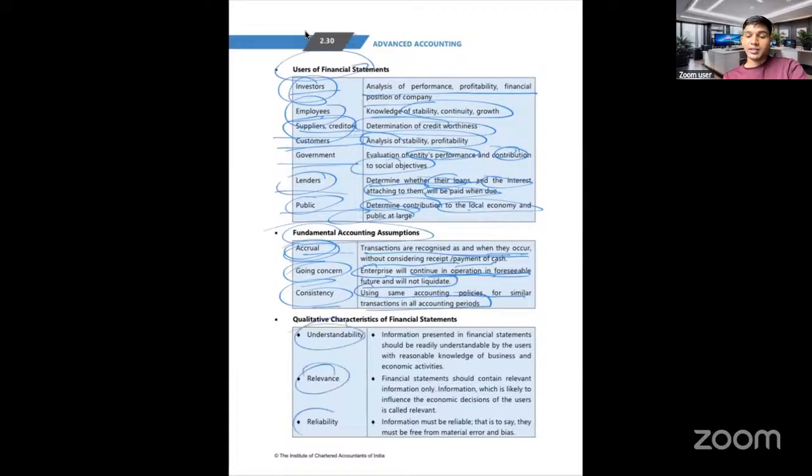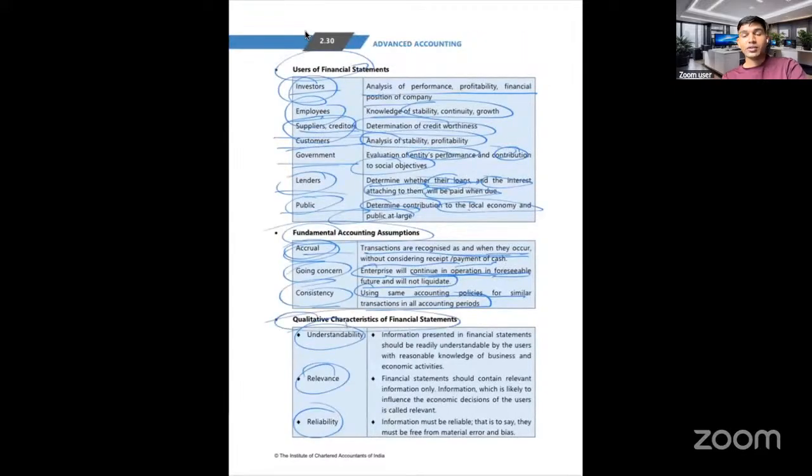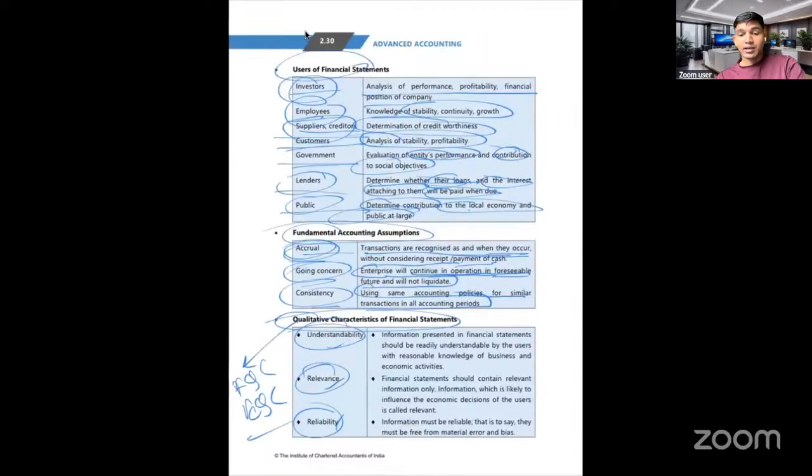Understandability, relevance, reliability, comparability. These are the qualitative characteristics of financial statements. The qualitative characteristics have been divided into fundamental qualitative characteristics and enhancing qualitative characteristics. Understandability: the information presented in the financial statement should be readily understandable by users with reasonable knowledge of business and economic activity.